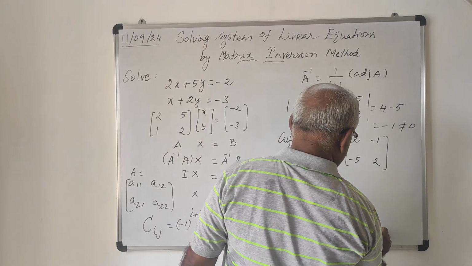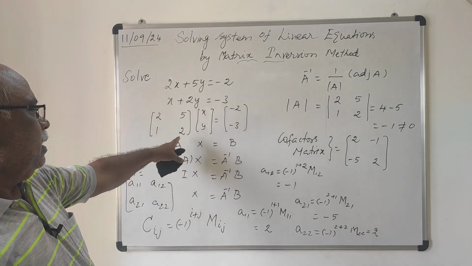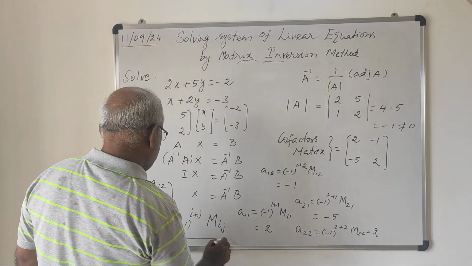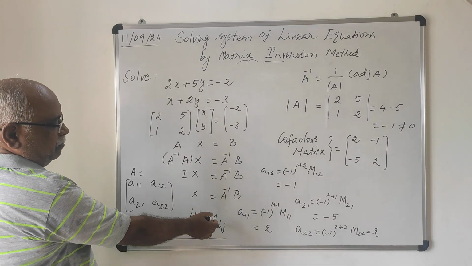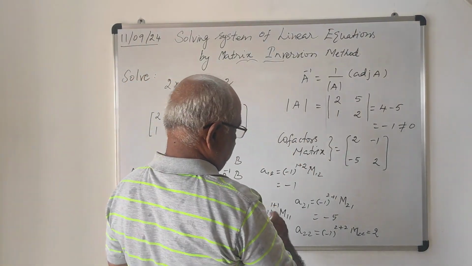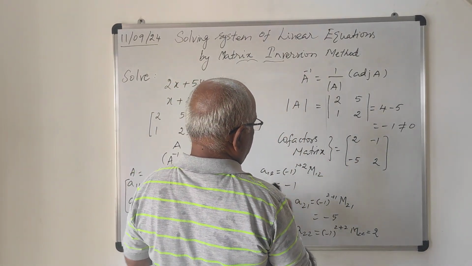So like that you have to find the cofactors of the elements in the given matrix A using the rule Cij equal to minus 1 power i plus j into Mij, where Mij is the corresponding minor. After finding the cofactors, you transpose it, and you will get the adjoint of the matrix.